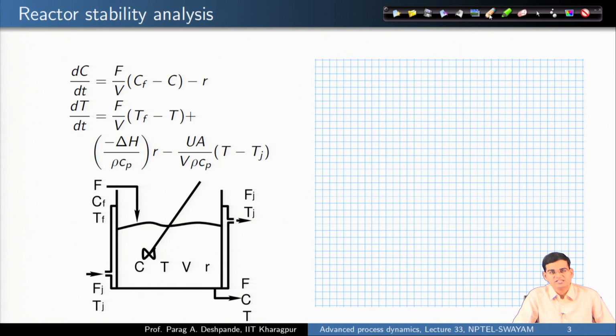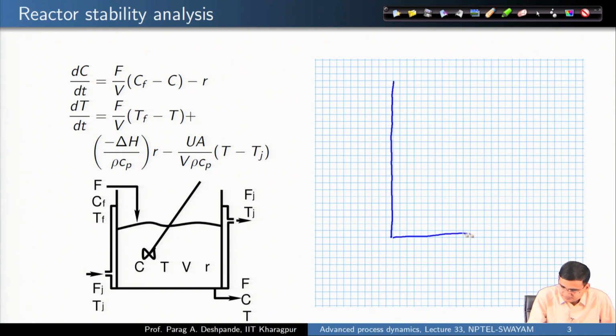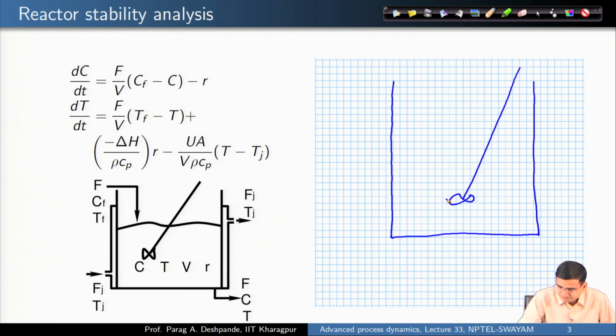So, what we have is a CSTR. So, it is a tank which is equipped with a stirrer, so that it is assumed that there is a complete mixing of the contents inside the reactor.